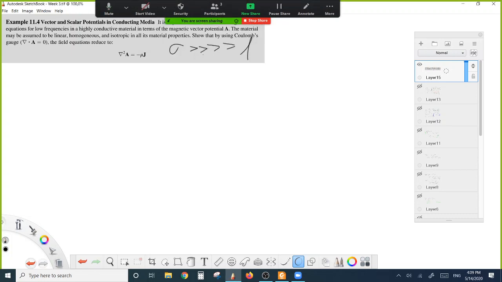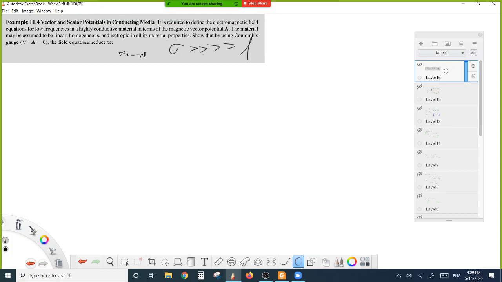And the material may be assumed to be linear, homogeneous, and isotropic in all its material properties. Show that by using Coulomb's gauge, the field equations can be reduced to up to this point.